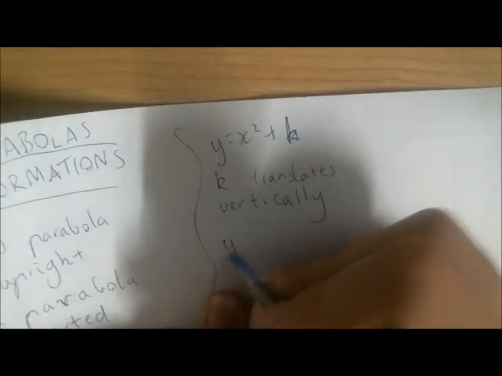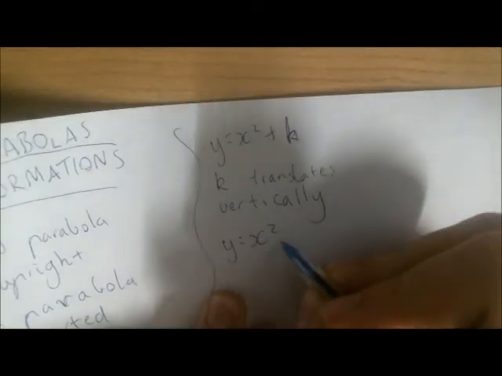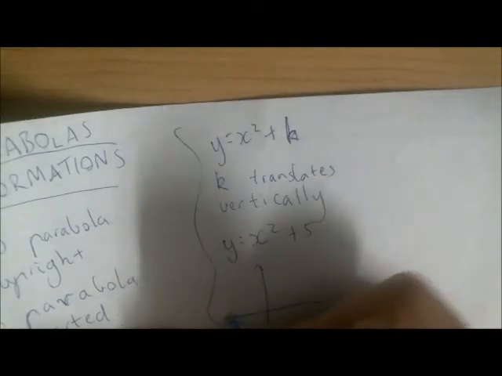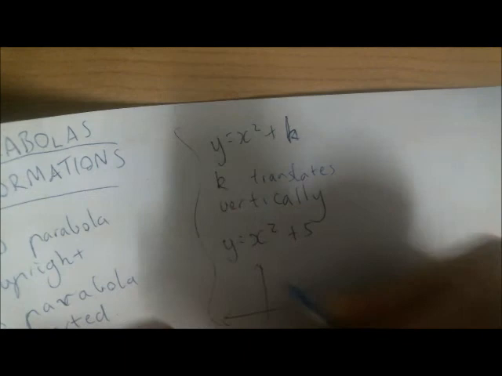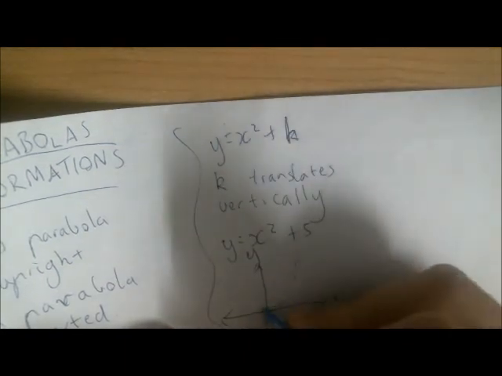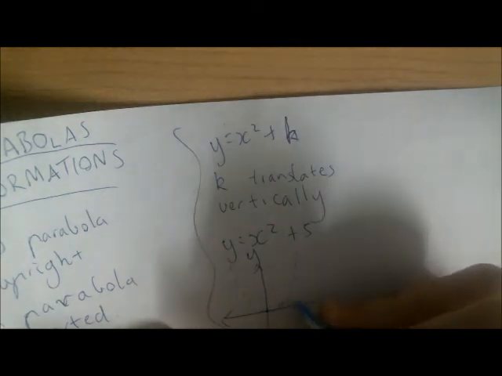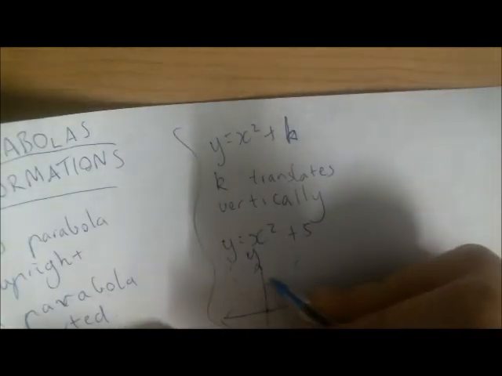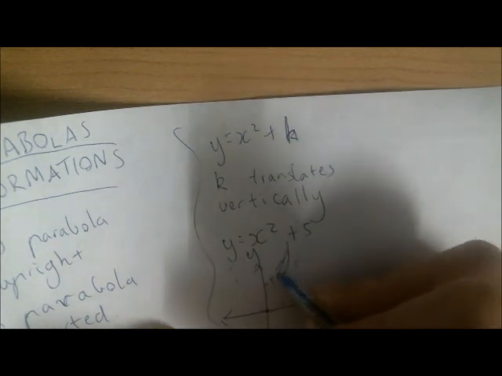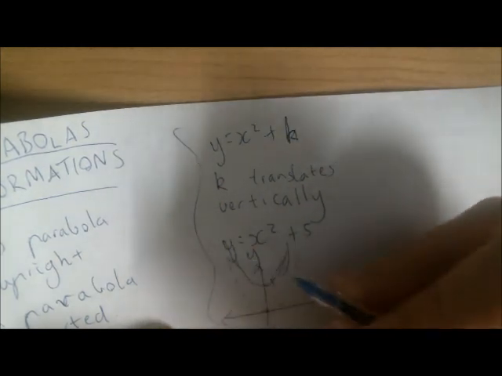So if I have y equals x squared plus 5, here's my original graph, and it's moving up 5. So it's just the same graph that's moved up 5 units.